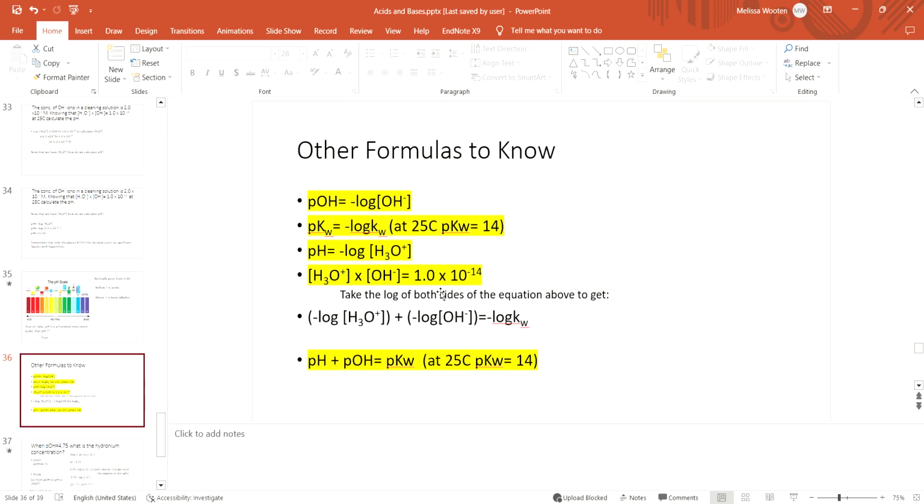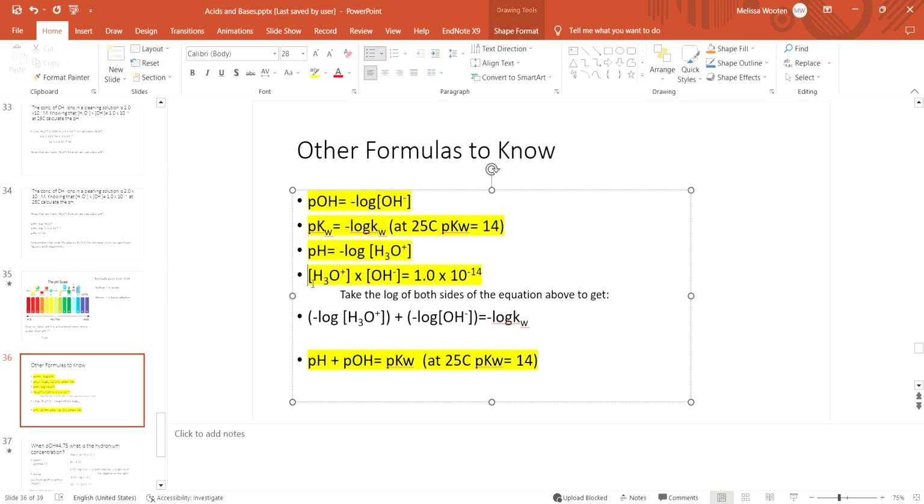These are some other formulas for you to know. Just like the pH is the negative log of H3O plus, the pOH is the negative log of OH minus. pKw equals the negative log of Kw at 25 degrees Celsius. As you already know, pH is the negative log of H3O plus.